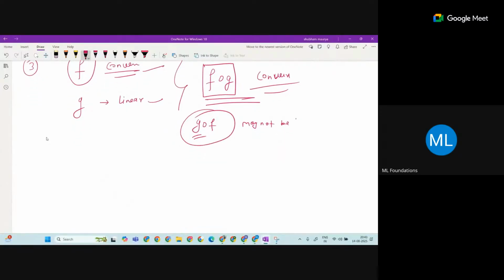These three properties are sometimes important when you have a very complex function. You can break your problem into simple functions, and if you know the properties of them, you can easily try it and then get the composition.